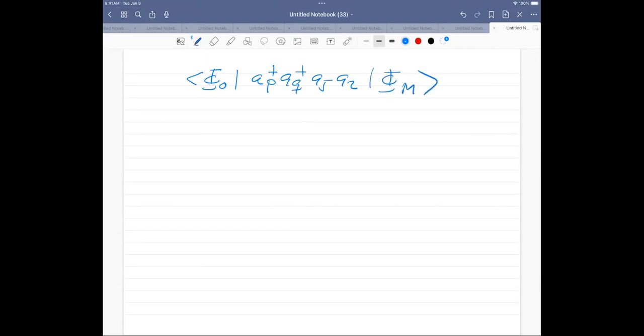And the only way I can now construct something which is different from zero is if this is a two-particle, two-hole state. Because then I can contract with the new reference vacuum. Then I can contract something like this, which gives a non-zero contribution. So this would be a J and an I here. So this is going to give me 4 different contributions.